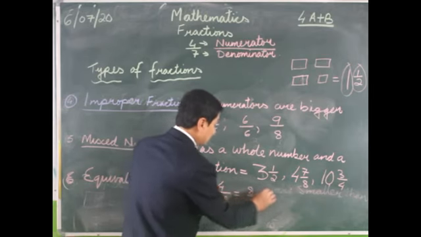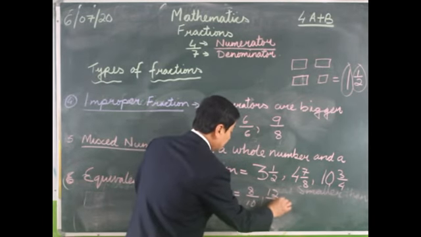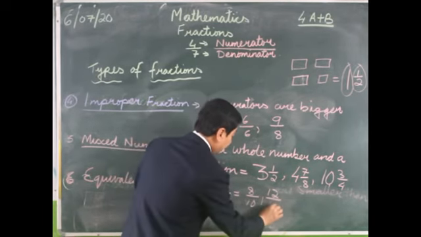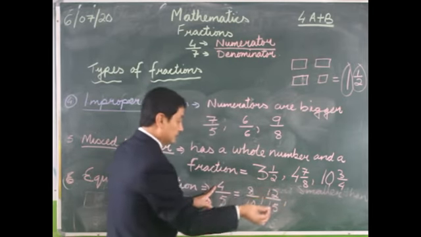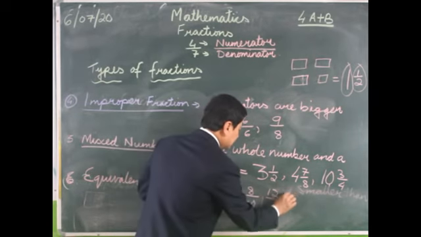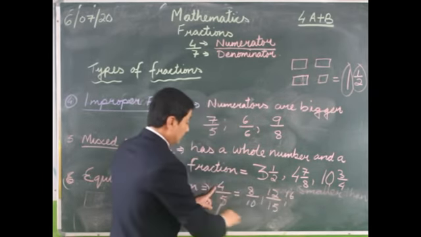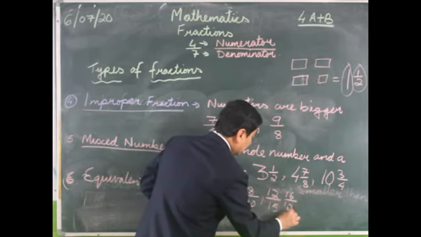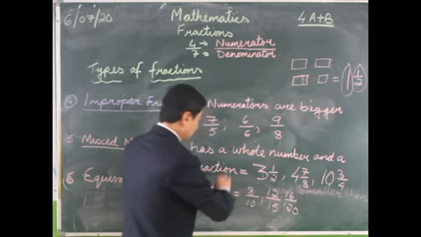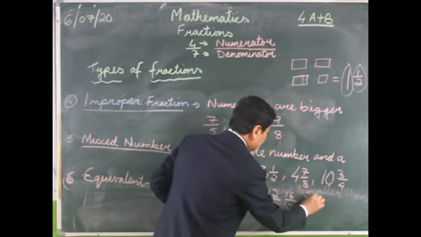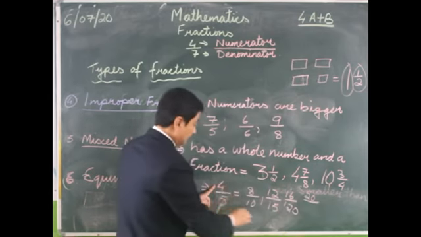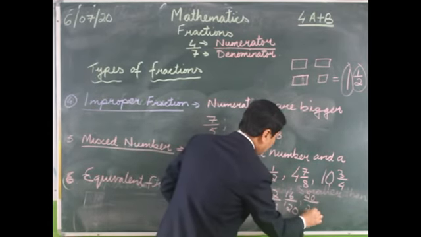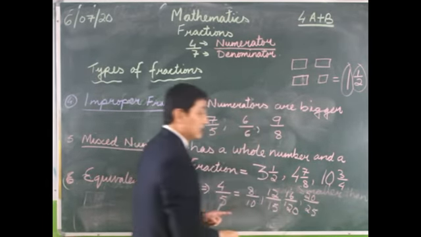Now 3 times 10. 4 3s are 12. 3 5s are 15. Now 4 times 4. 4 4s are 16. 4 5s are 20. 5 4s are 20. 5 5s are 25. That's how we write equivalent fraction.